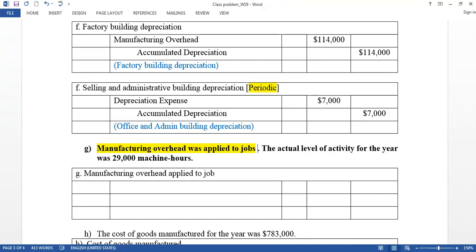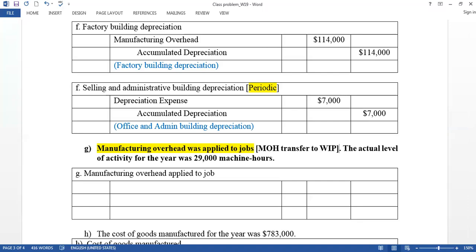If you remember last class, direct materials and direct labor transfer to work in process, and indirect materials, indirect labor, and other factory costs transfer to manufacturing overhead. Then manufacturing overhead will transfer to WIP. So manufacturing overhead applied to job means that MOH transfers to WIP. You should understand that.